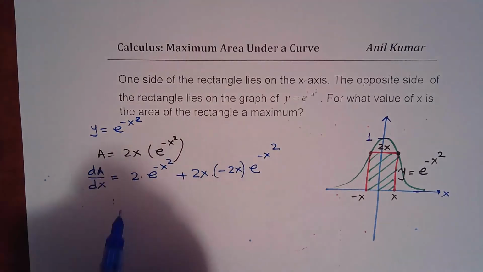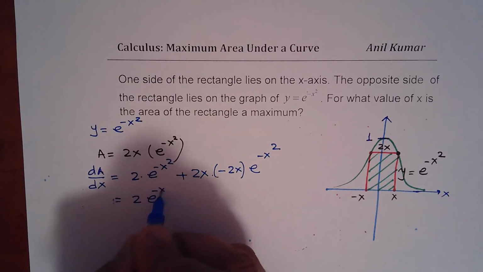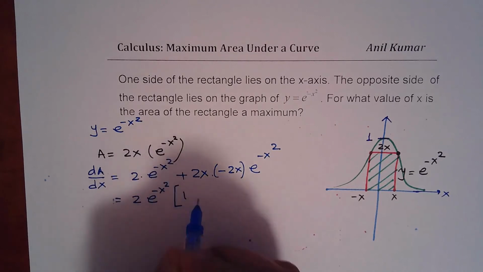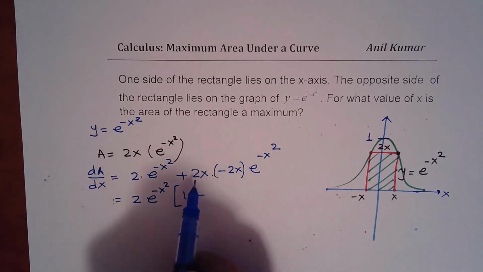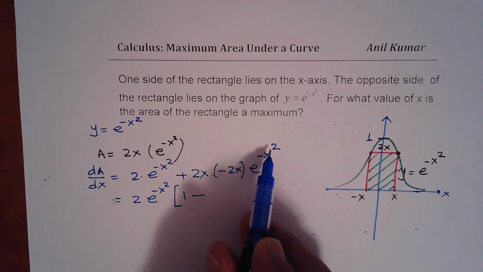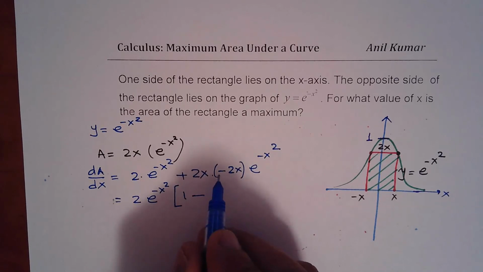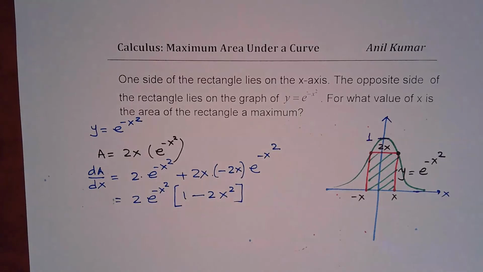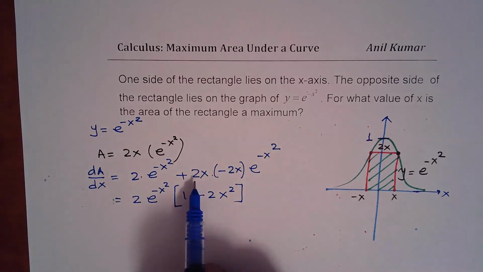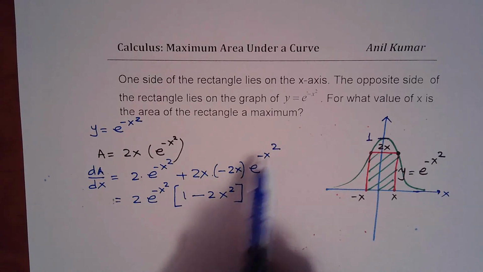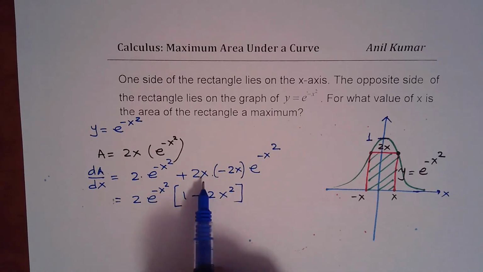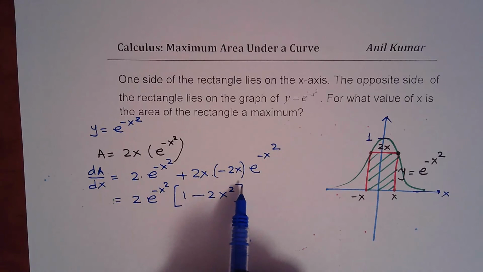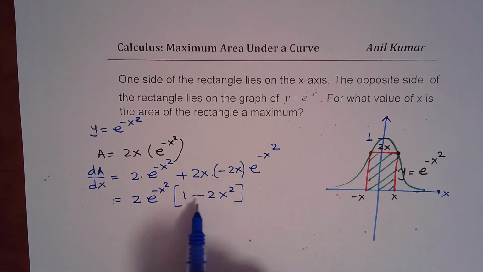Now 2 times e to the power of minus x squared is common. So we get 1, and here we have negative. So we have already taken 2 times e to the power of minus x squared. We are left with minus 2x squared. Is that clear, right? We have already taken one of these 2's and e to the power of minus x squared common. So we are left with x times 2x, which is minus 2x squared.